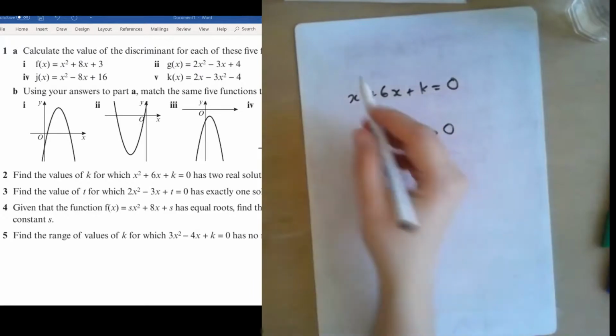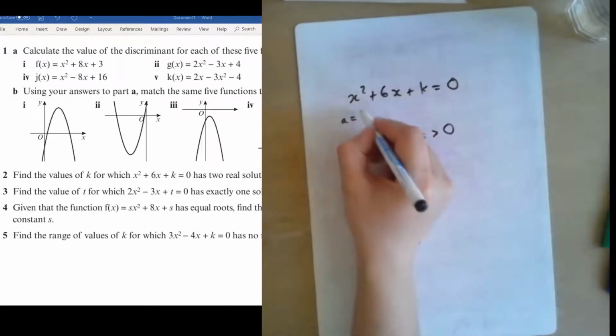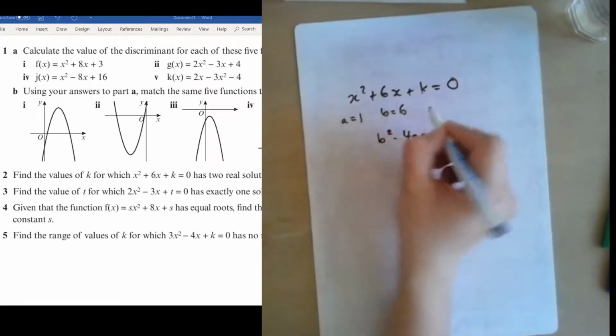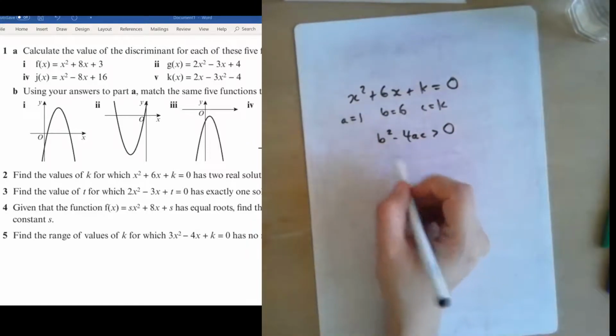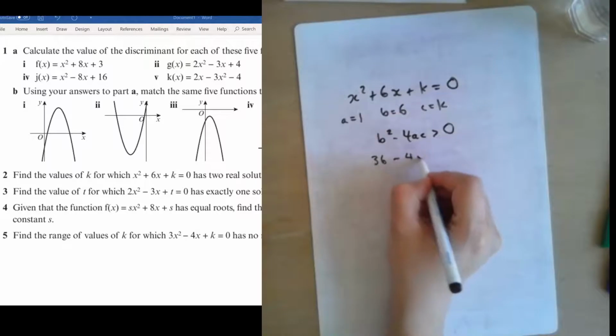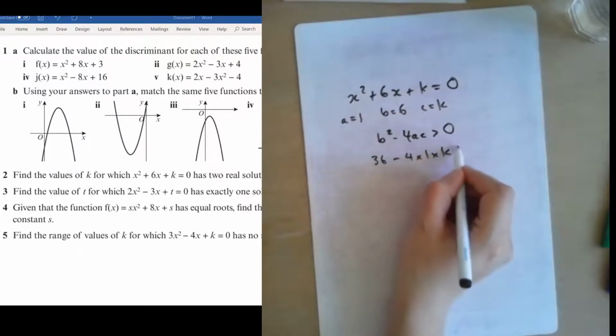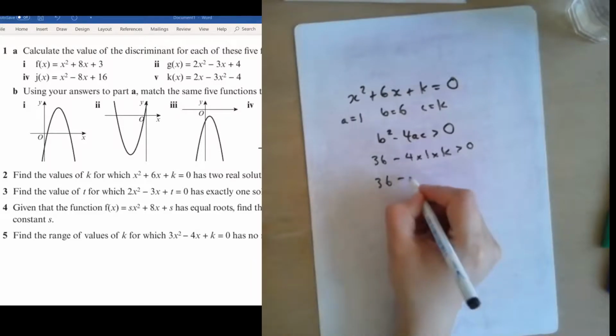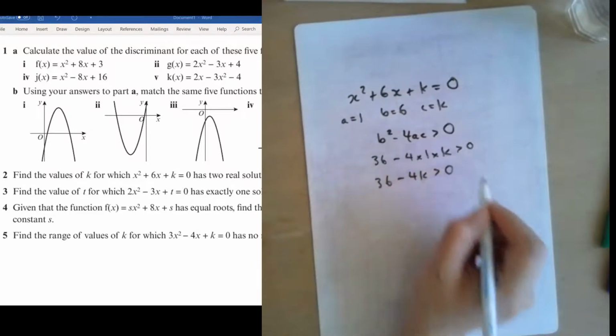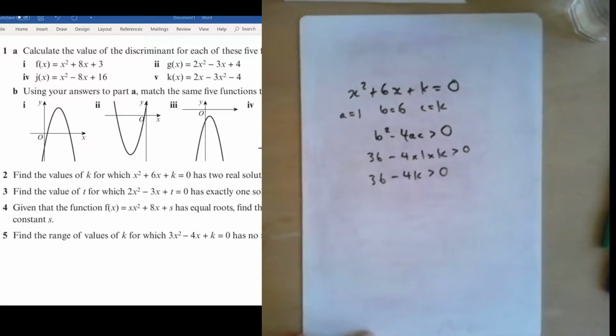It must be above 0. And my a would be 1, my b would be 6, and my c just equals k. So I've got b squared, which is 36, take away 4 times 1 times k, which needs to be more than 0. So this is 36 take away 4k is more than 0.